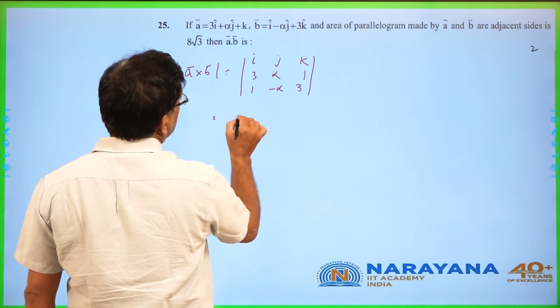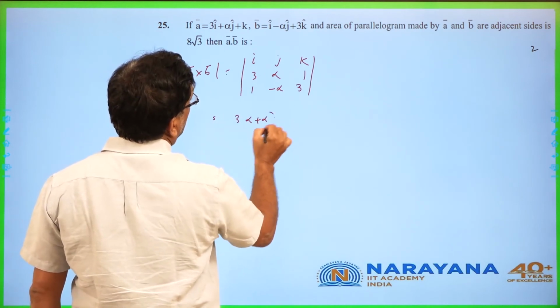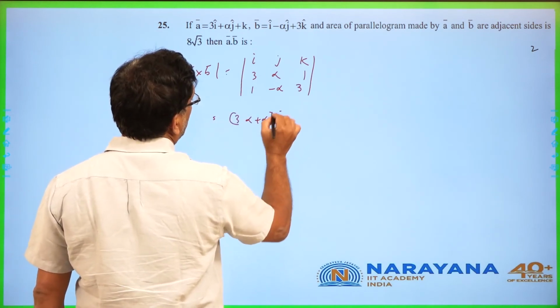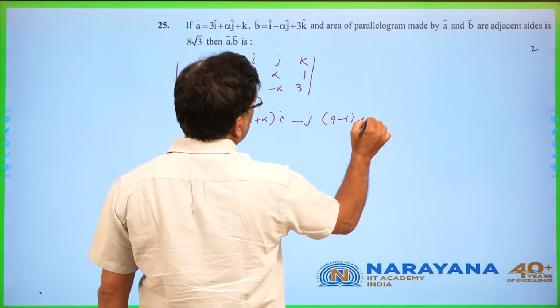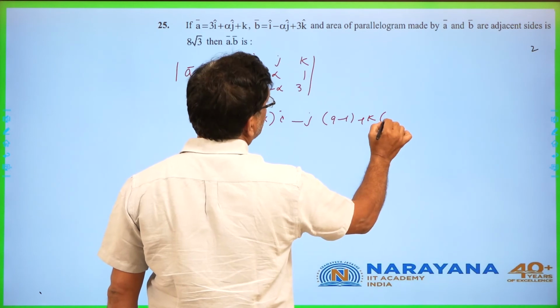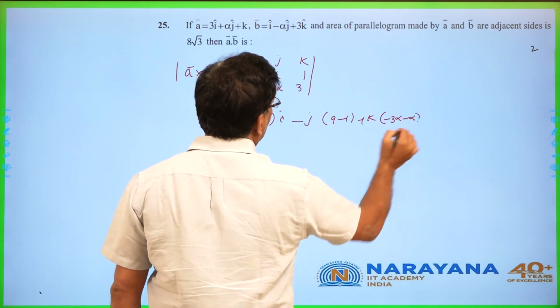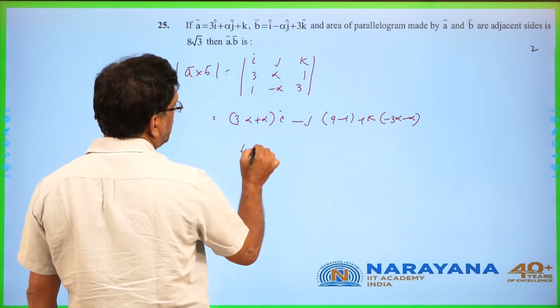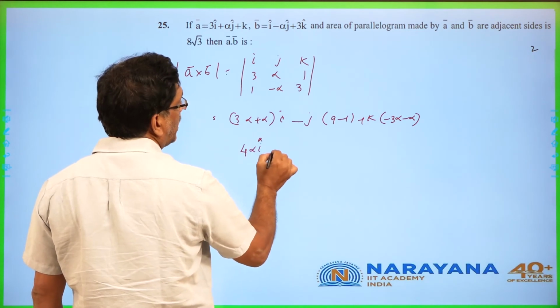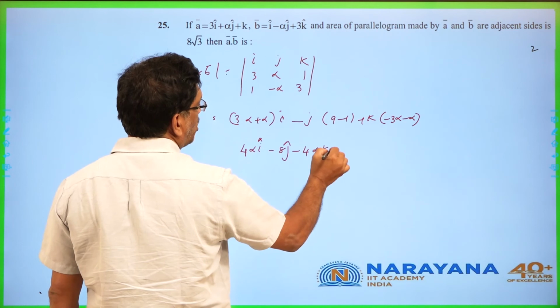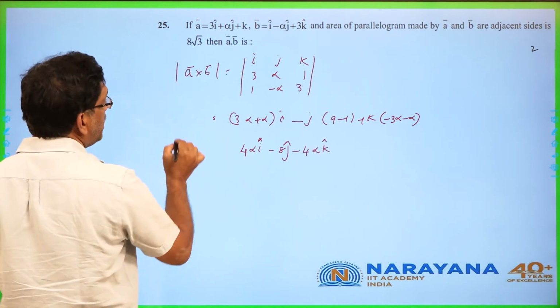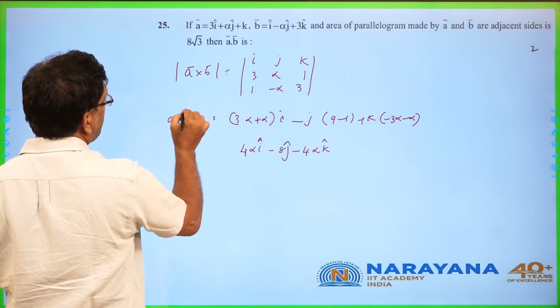That is 3 alpha plus alpha of i, minus j into 9 minus 1, k into minus 3 alpha alpha. That is 4 alpha i minus 8 j minus 4 alpha k. That is A cross B.